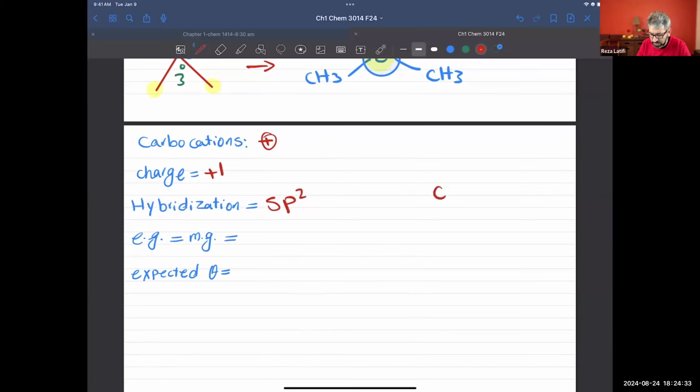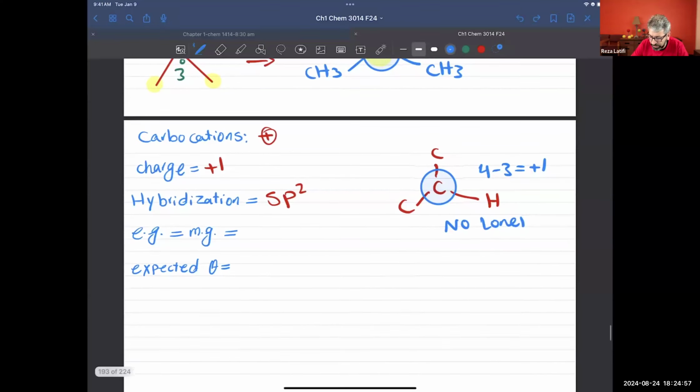So we have a carbon attached to, let's say, another carbon, and here, say hydrogen. The central carbon is not going to be octet, and the charge for it will be +1. Because you don't have a lone pair, I'm going to say no lone pair.